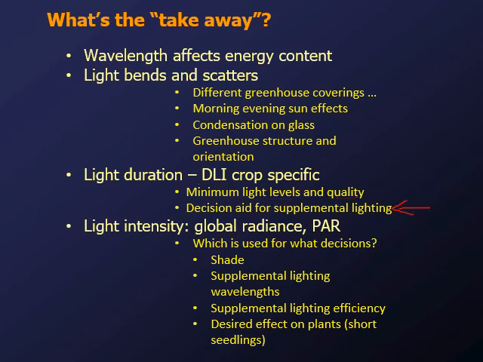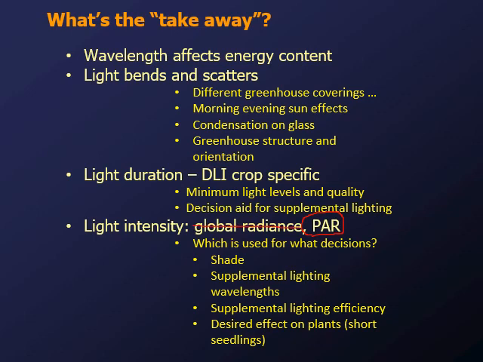And then lastly, we talked about light intensity with global radiance and PAR. So remember, global radiance is measured outside the greenhouse, above it in the climate tower. And PAR is typically measured at the canopy and measures only the wavelengths that plants see. I'll say this, PAR meters typically were very expensive and exotic, and they were not seen much in greenhouses, but they have come down in price such that a lot of greenhouses are actually installing PAR sensors and hooking them up to the climate computer, and you see less global radiance reliance.